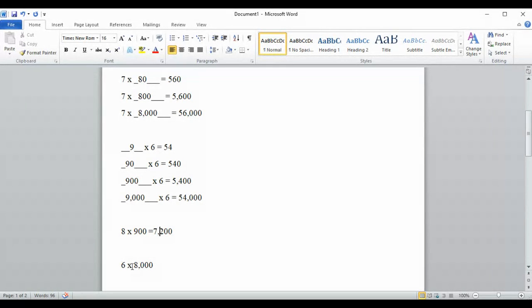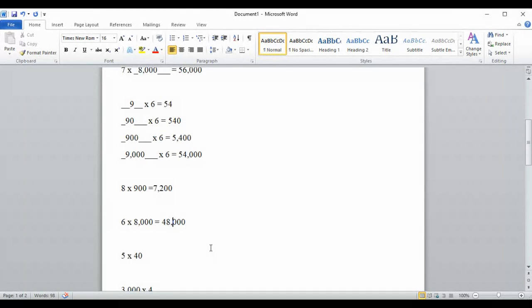Here we have 6 times 8,000, so we're going to use our mental math or our find the math fact, add the zeros strategy. So 6 times 8 is 48, and then we're going to add our 3 zeros on, and then I'm going to go back and put my comma in the correct place. So that's what it's asking you to do in that middle section.